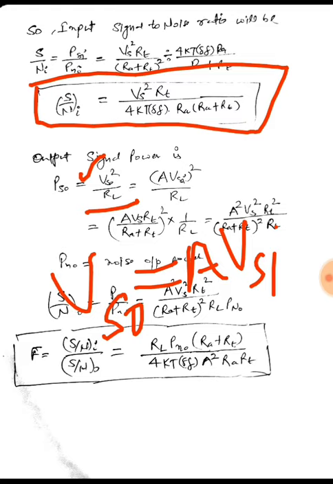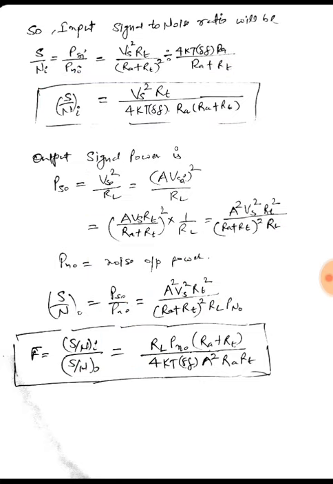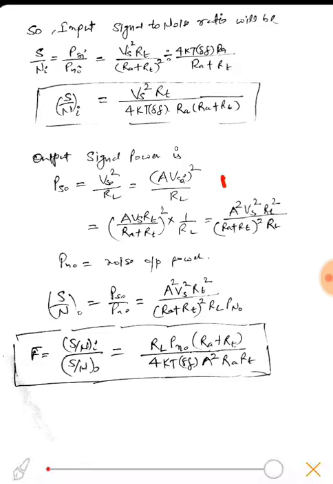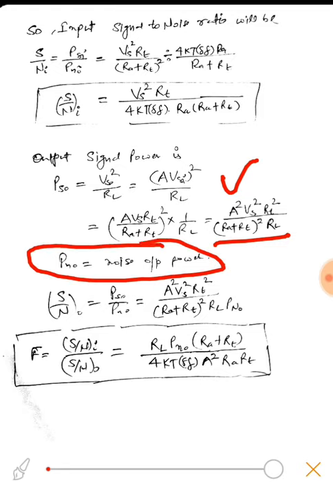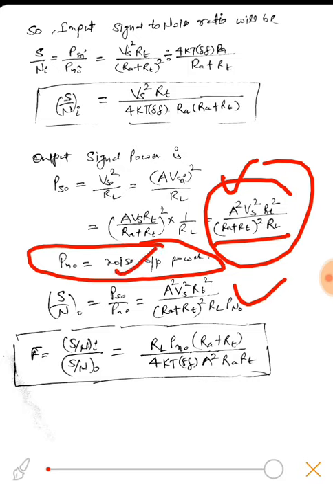So if Vsi is the input voltage, then Vso at the output would be amplified by factor A. Putting this in the formula, we get the output signal power as A Vsi whole square divided by RL, which comes out to be this one. And if Pno is the noise power at the output, then the signal to noise ratio at the output comes out to be this, dividing by Pno.